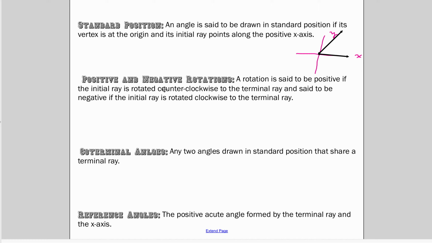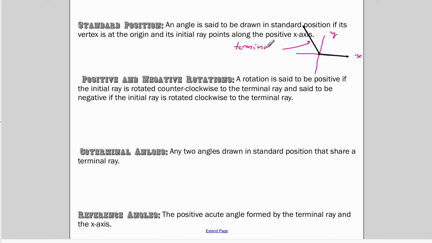We have positive and negative rotations. A rotation is said to be positive if the initial ray is rotated counterclockwise to the terminal ray. So in other words, basically the initial ray is going to stay there, and then we're going to take this ray and we're going to be moving it. This ray is then called the terminal ray because it terminates somewhere.